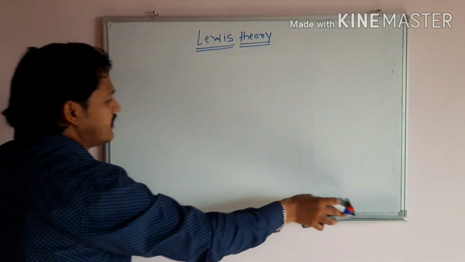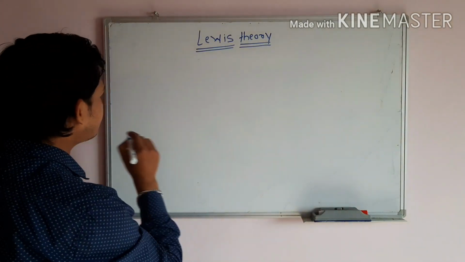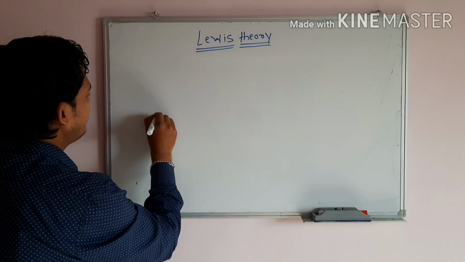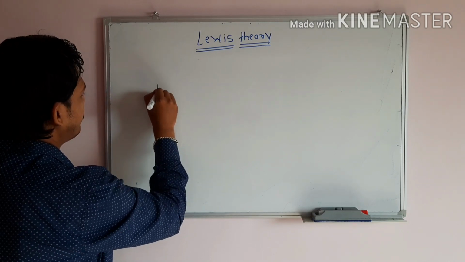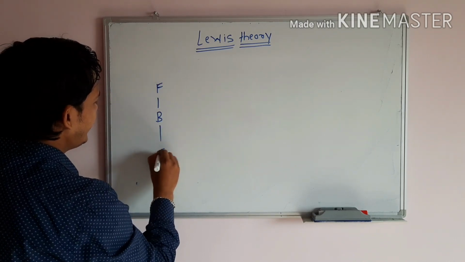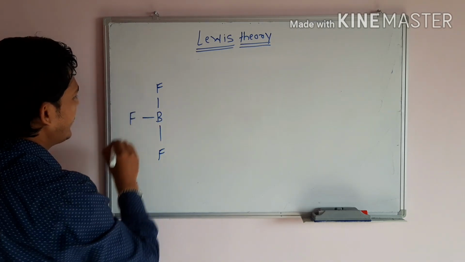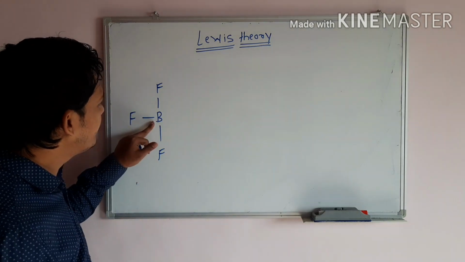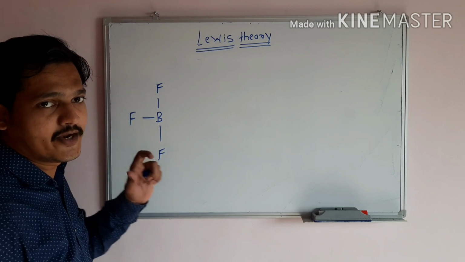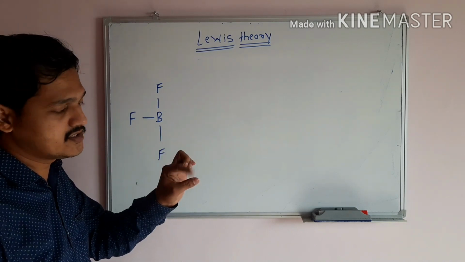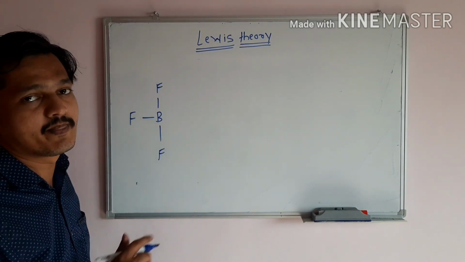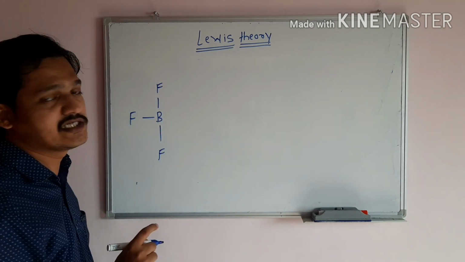For that, it will be BF3, boron trifluoride. The atomic number of boron is 5, and the configuration is 2, 3.